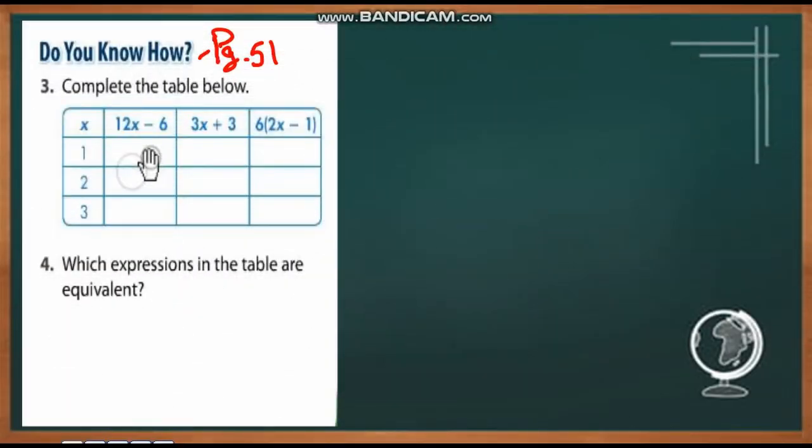Exercise 3. Complete the table below. Here we have the value of x. When I substitute x by 2, what is the value of the first expression? 12x. 12 times 2 equals 24 minus 6. 24 minus 6 equals 18.